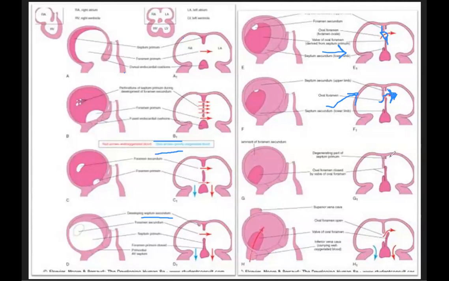And then in more next stages, the little septum primum which was left above was degenerated completely, and this septum secundum fuses with the elongated growth of the endocardial cushion, okay.